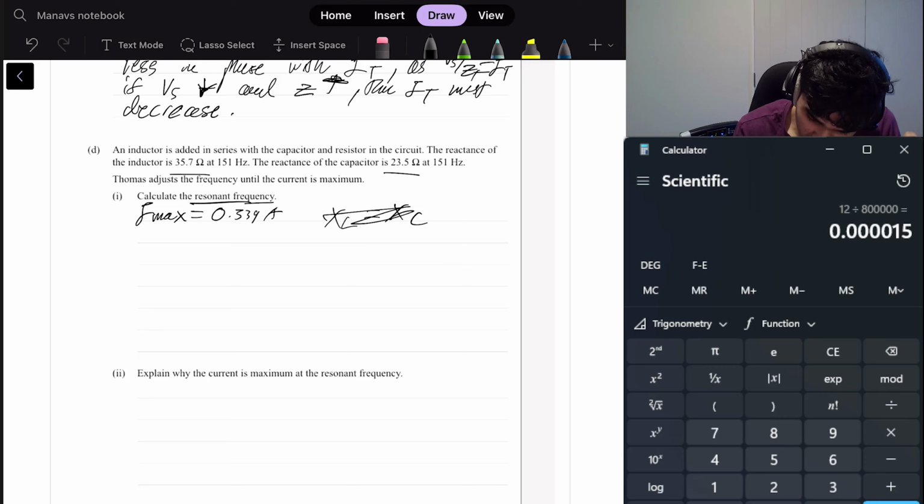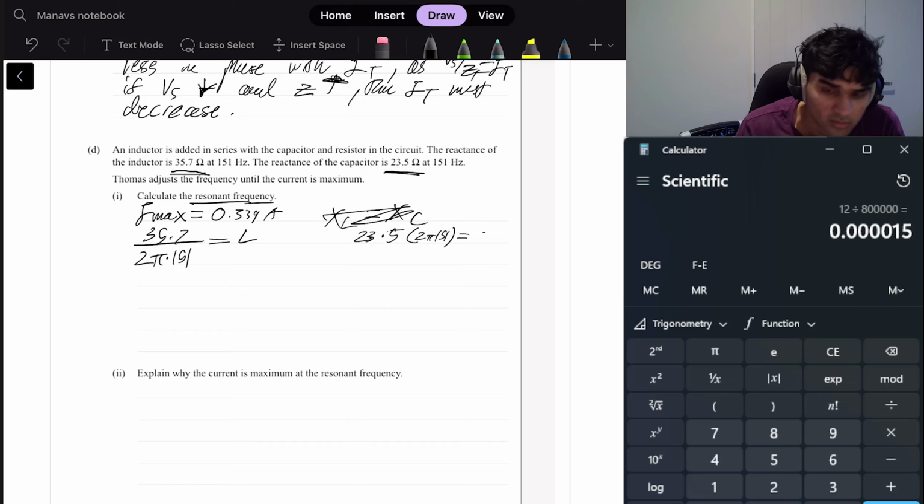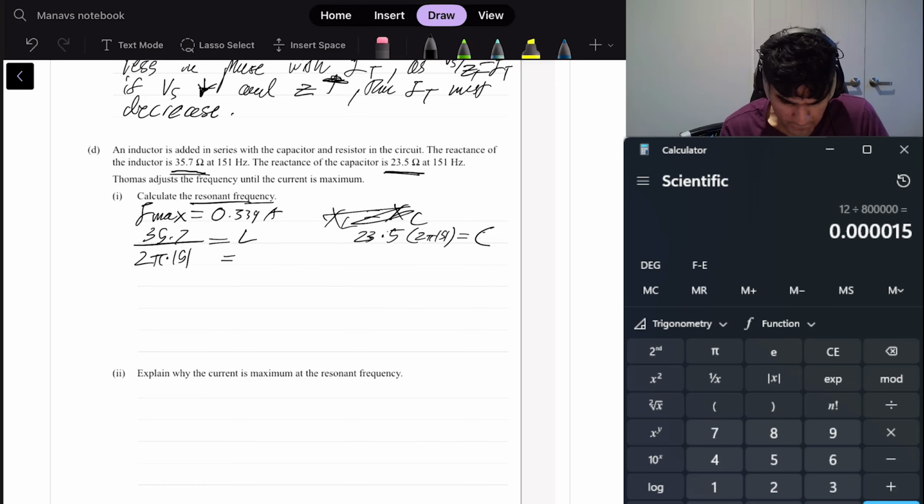Because what they've given us is XL and XC, I'm just going to find L. XL divided by 2 pi f equals L, and 1 over XC times 2 pi f equals C. Okay, so here we go.